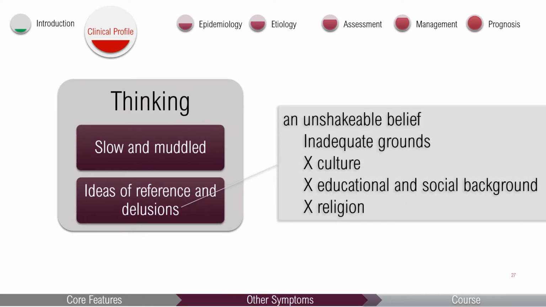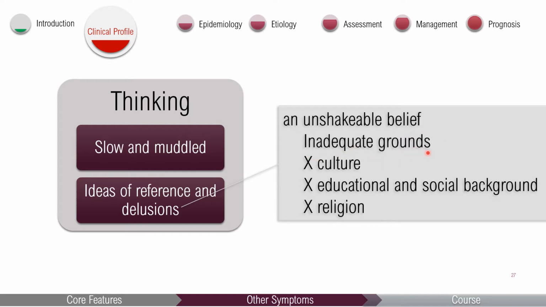Previously we said illusions are mostly normal, hallucinations mostly abnormal, but a delusion is something that is always abnormal. If it is normal, it cannot be a delusion. It has a stringent definition. So a delusion is an unshakable belief, that is, we cannot modify it with logical explanations or even evidence, and that is held on inadequate ground.